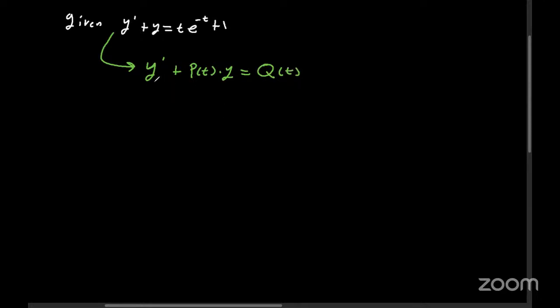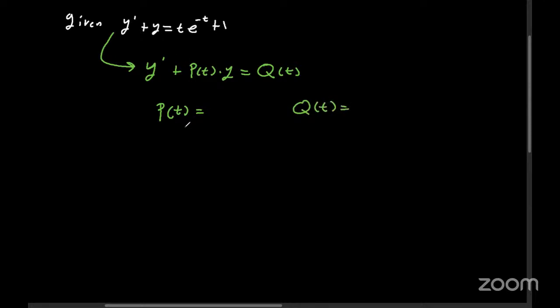This is the first derivative, some function times the original function equals another function, which is of the same variable. If they have more than one variable, that's something else. We can't do that. They all have to be of the same variable.